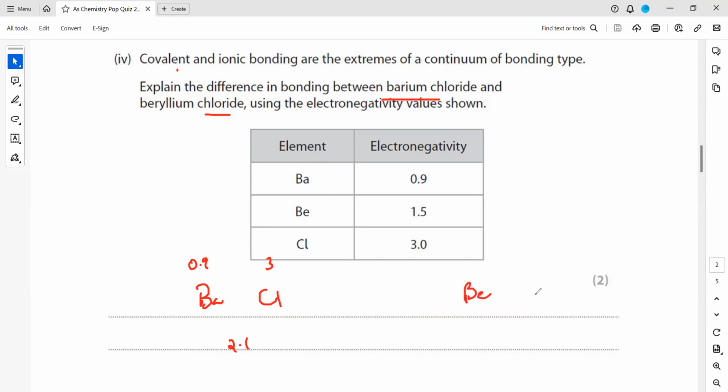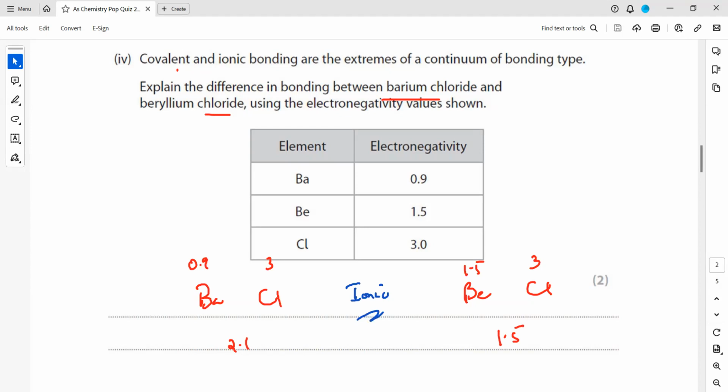But for beryllium chloride, beryllium is 1.5 and chlorine is 3. So the electronegativity difference is 1.5. Both have a greater difference in electronegativity, so both compounds are likely to be ionic, because when the electronegativity difference is more than about 0.9, you can say they will likely be ionic.